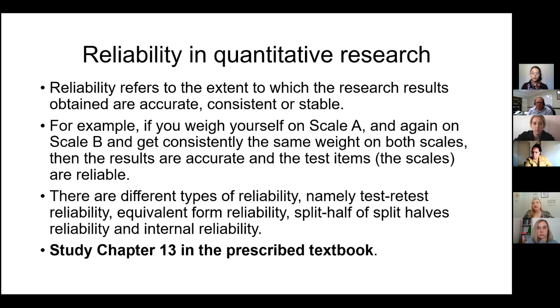If scale A, for example, gave 100 kilograms, where scale B gave 60 kilograms, then we know that something is not right. One of these tests, either scale A or scale B, is not reliable. There are also different types of reliability. I'm not going to go into it now. You can study chapter 13 in your prescribed textbook to read up more about the different types of reliability.